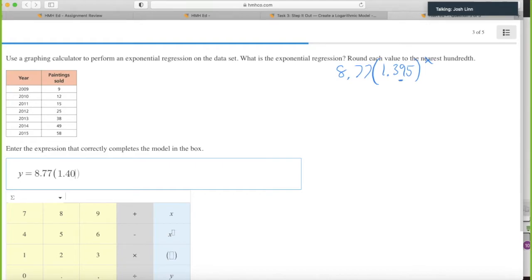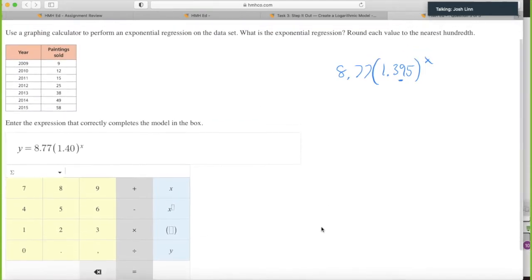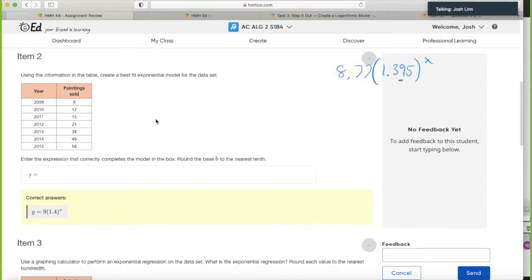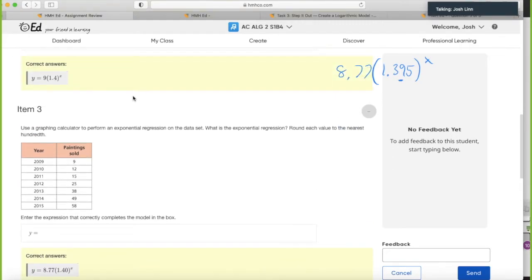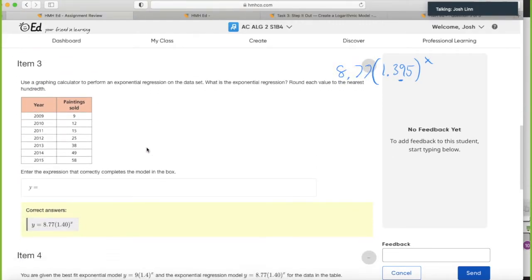That goes up to 10, so that's why I did 40. And x. Okay, so let's check that, make sure we're right. Yep, we are right. I figured we were, because it was pretty close to this last one, so that would make sense.